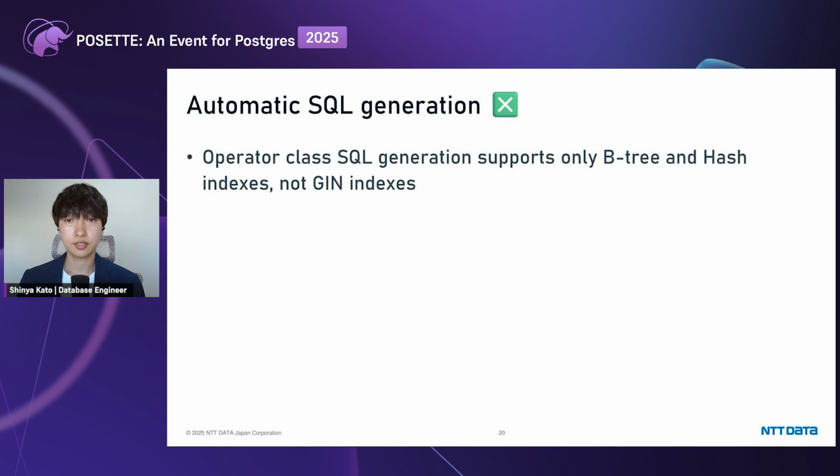Support for other index types like GIN, GiST, and SP-GiST is currently lacking, which is an important limitation to consider. For instance, an extension I developed required GIN indexes, so this auto-generation feature wasn't applicable, and I needed to write the necessary SQL definitions directly.